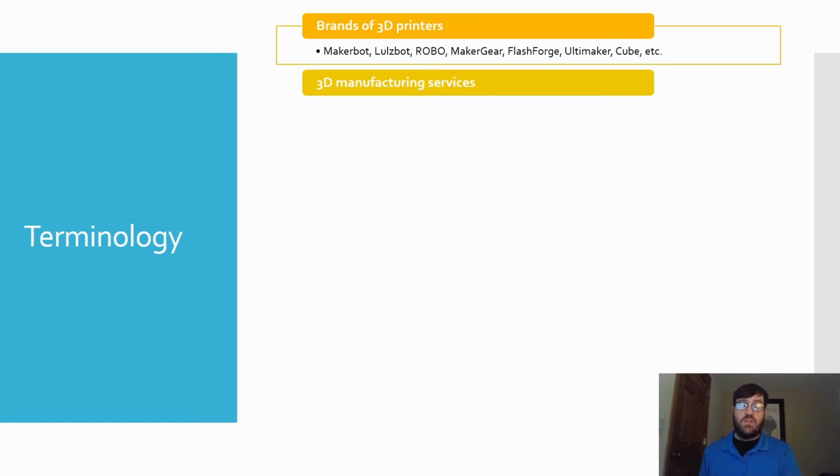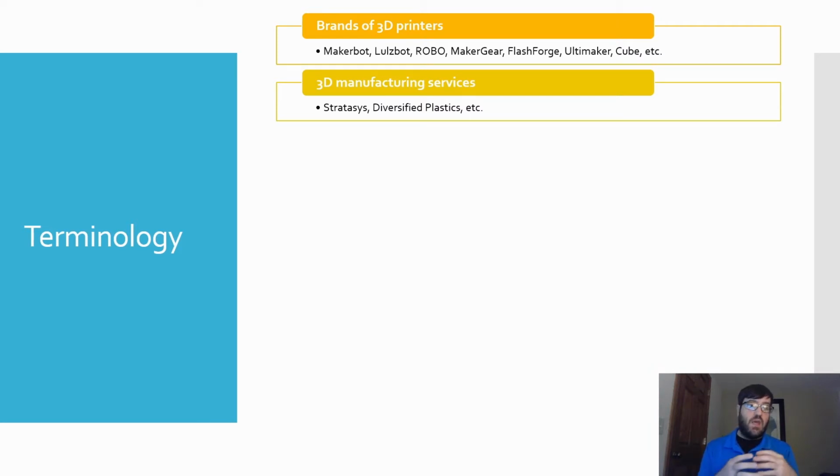3D manufacturing services are places that you can take a print that you've designed and send it to them for fabrication. Stratasys, Diversified Plastics, these are places that will print a prototype or a design en masse. There are also what are called maker spaces. A lot of libraries now have maker spaces.